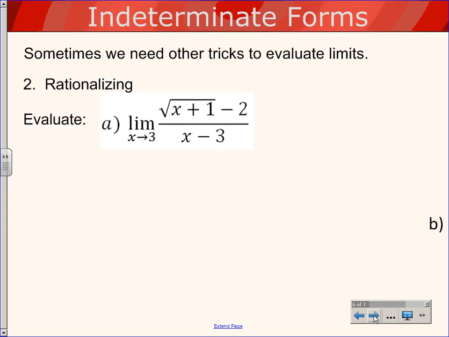Okay, so method number 1 is factoring. Method number 2 is rationalizing. So rationalizing is probably the trickier one because we can come up with some more difficult expressions for it. Rationalizing is a way of trying to get rid of roots. And it's a neat trick. It works really, really well.